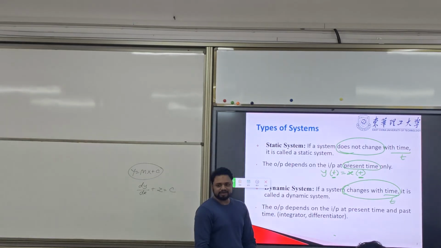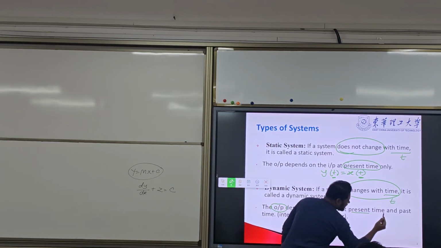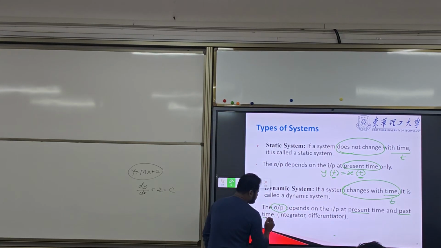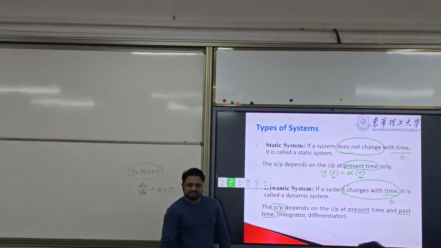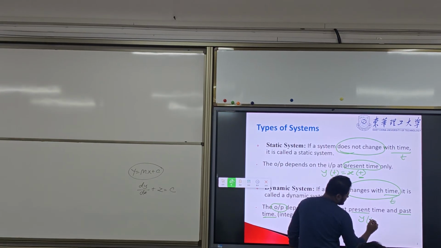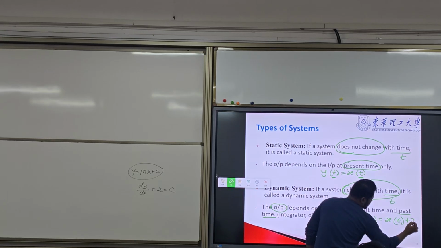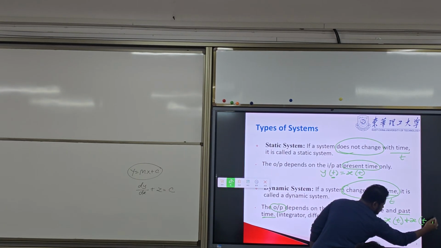Technically, how can we write it? The output depends on the present and past inputs. Let me give you an example. y(t) is equal to x(t) plus x(t minus 1).